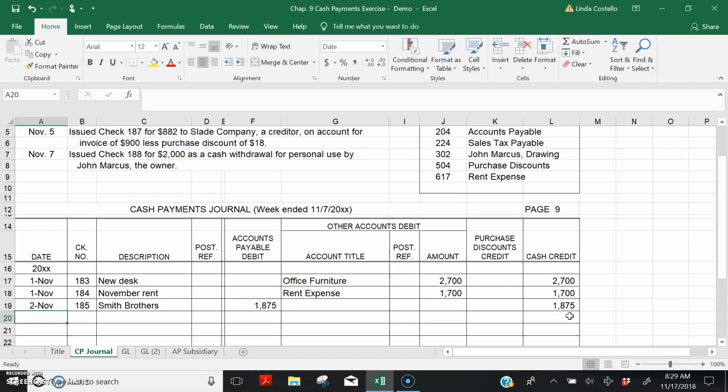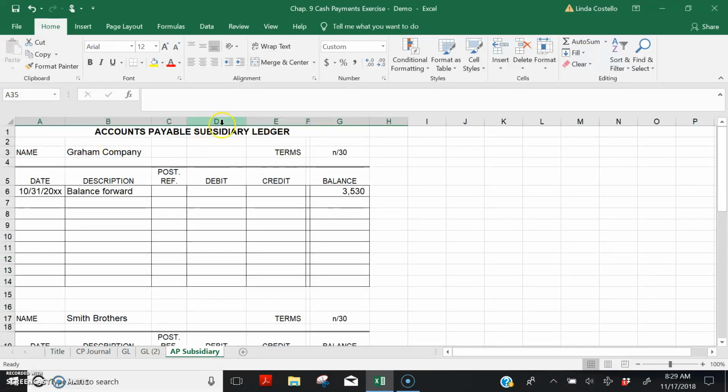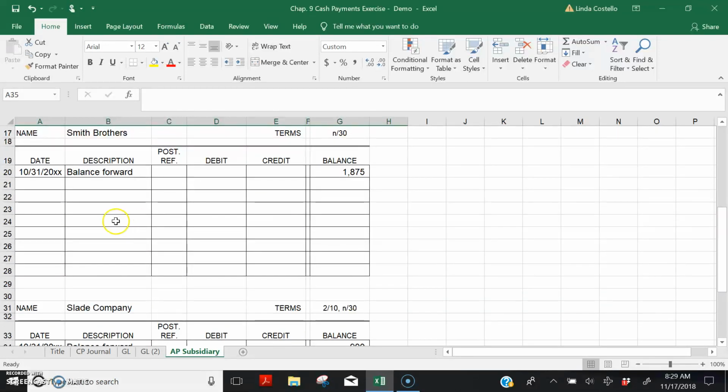Before we continue, let's take care of posting the payment on account to Smith Brothers vendor card in the accounts payable subsidiary ledger. Accounts payable subsidiary ledger, vendor Smith Brothers, date November 2nd, description check number 185.